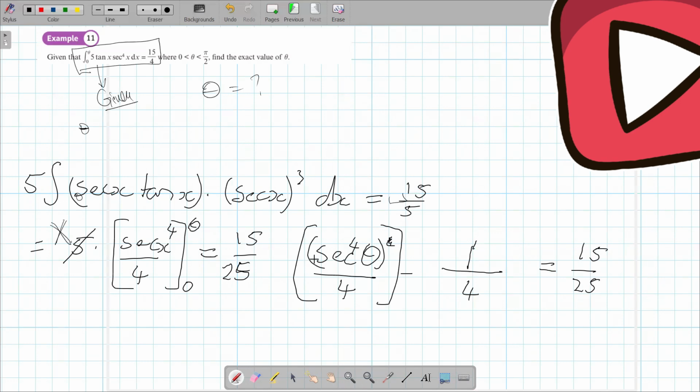Okay, so then we add 1 over 4 to the other side, so you end up with 15. Just use your calculator.